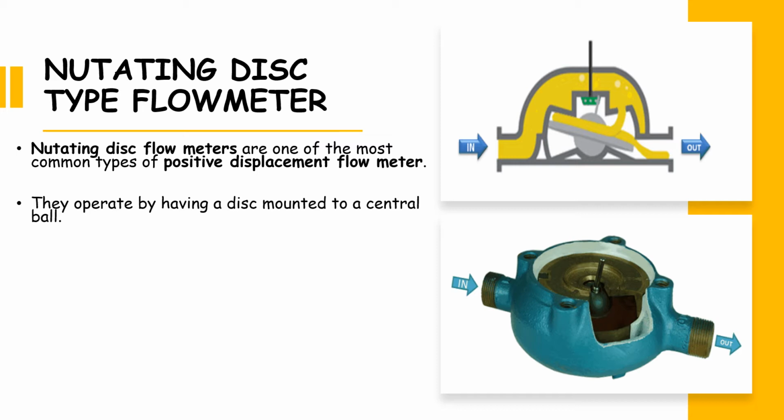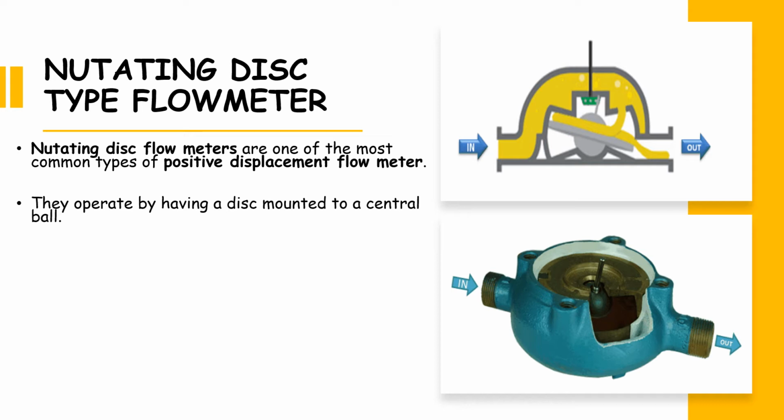As the fluid flows through the chamber, the disc and the sphere unit nutates. The nutation causes a pin mounted on the sphere perpendicular to the disc to rock. Now each revolution of the pin indicates a fixed volume of liquid that has passed.